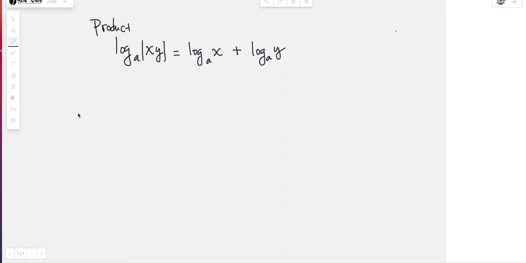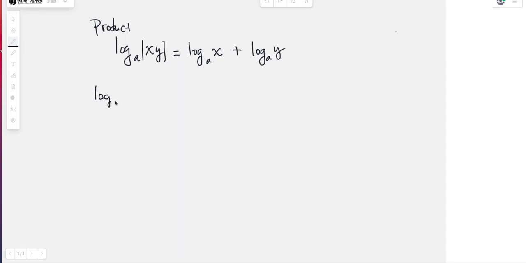Hold on, my writing pad froze for whatever reason. I think I have too many things on my computer. Okay, wait, what? Come on. Are you kidding me? I'm having to write with my mouse.